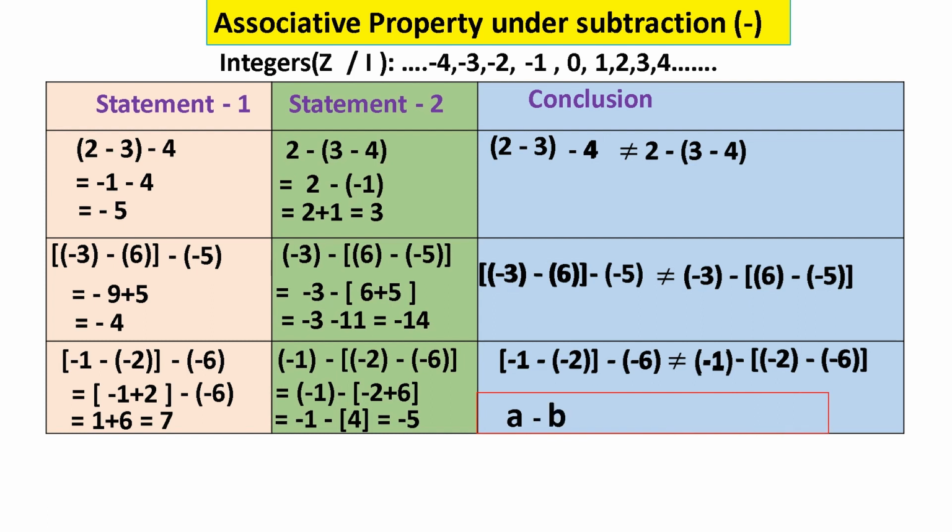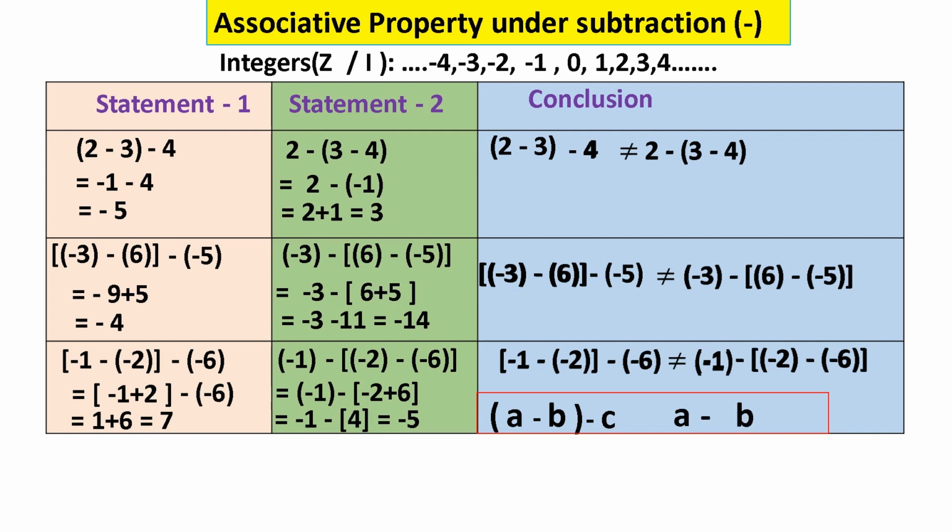From this table we observe, if a, b, c are integers, for a minus b minus c, we first do a minus b and then minus c.